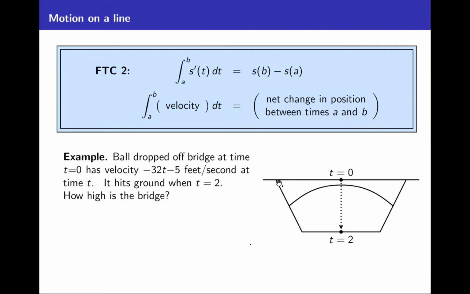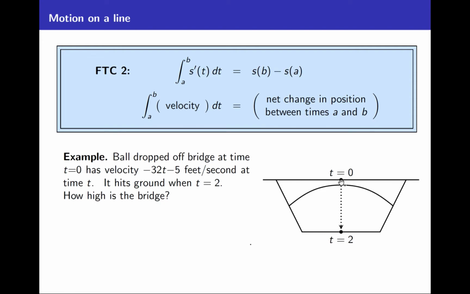Well, here's a picture. You've got a bridge here, and up at the top at time t equals 0, this ball is dropped off the bridge, and 2 seconds later, right there, it hits the bottom. So the question is, what is the distance from here to there?